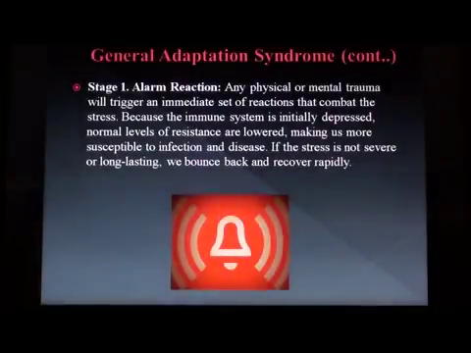The first stage, the alarm reaction, talks about any physical or mental trauma which triggers an immediate set of reactions that combat the stress. Because the immune system is initially depressed, normal levels of resistance are lowered, making us more susceptible to infection and disease. If the stress is not severe or long lasting, we bounce back and recover rapidly.